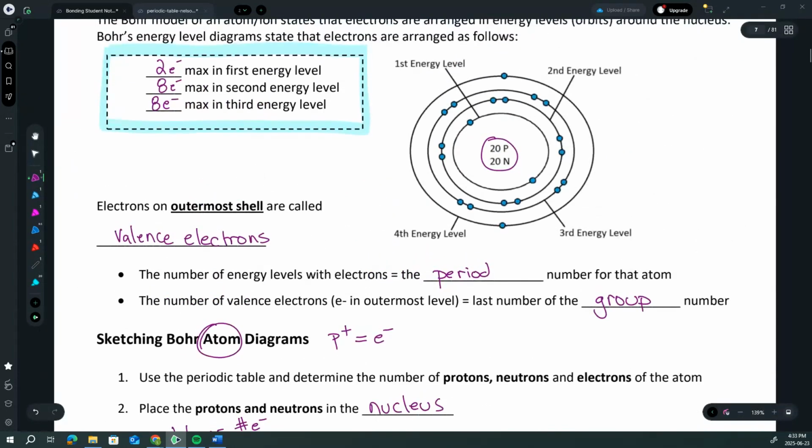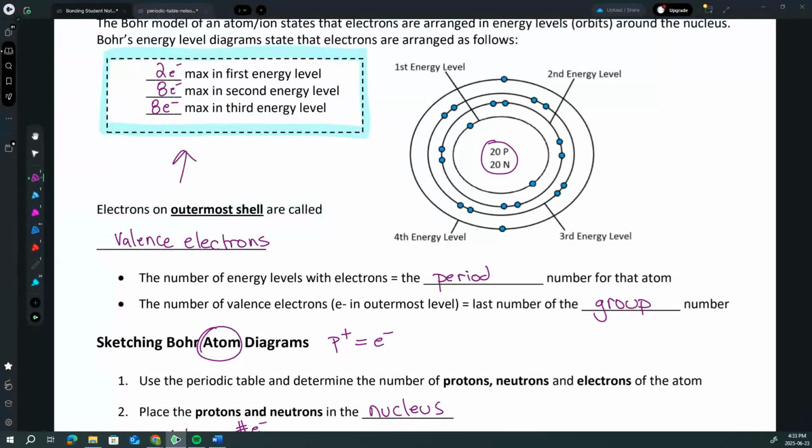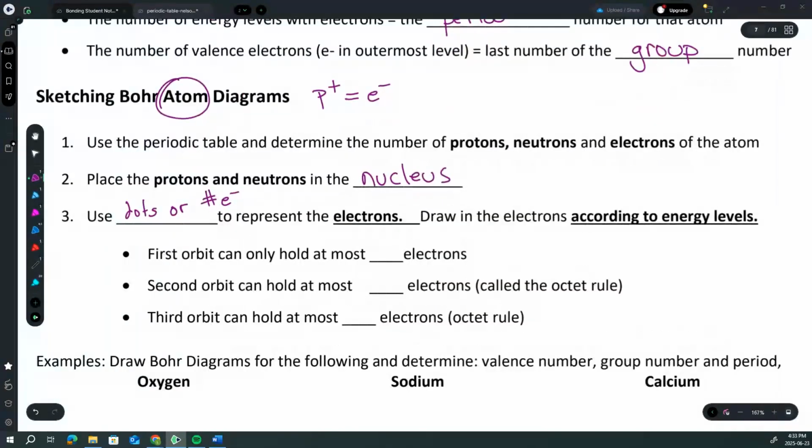We're going to draw in the electrons according to the energy levels. So that goes back to how many electrons can fit in each energy level. Again, the first orbit or energy level, which means the same thing, can hold at most 2 electrons. The second orbit can hold at most 8 electrons, which is called the octet rule.